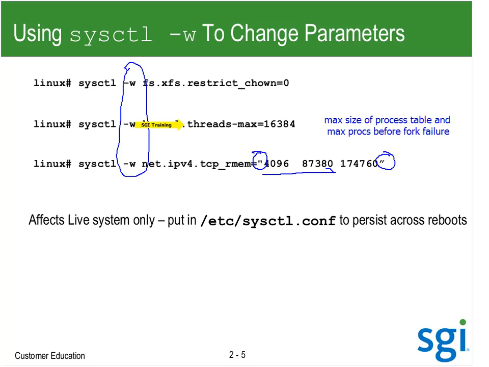Otherwise, I might put it into sysctl.conf, and sometimes I'm doing this. So I might vi /etc/sysctl.conf, and then, for example, add kernel.threads-max, and I think there's a space in there, and then let's just say 16384, good enough.